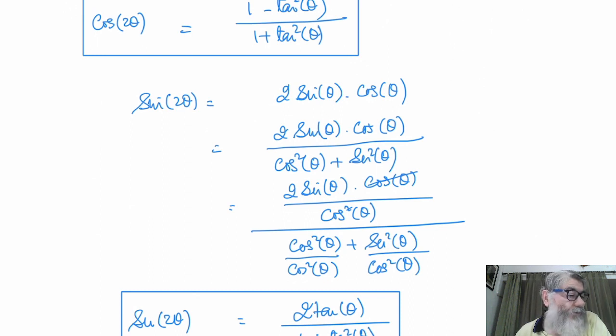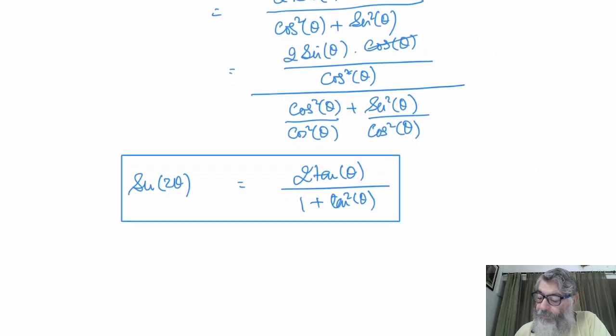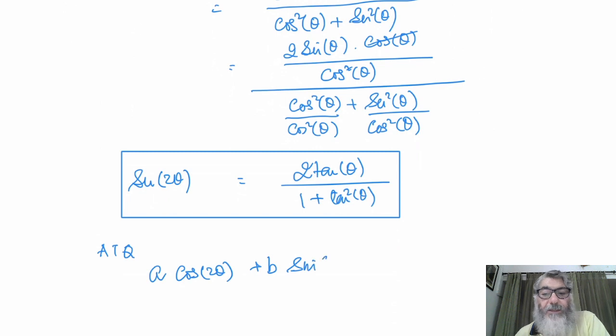Now let us see what was the expression given to you. According to the question, A cos 2 theta plus B sine 2 theta was equal to C. This is the question given to you.